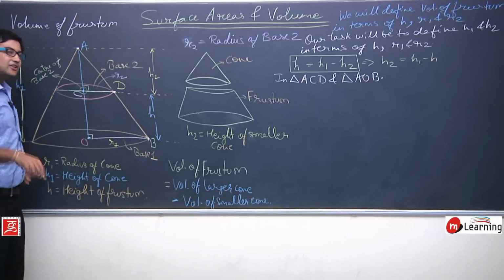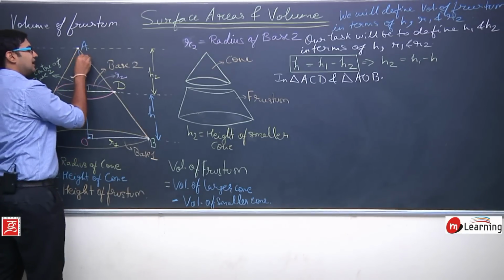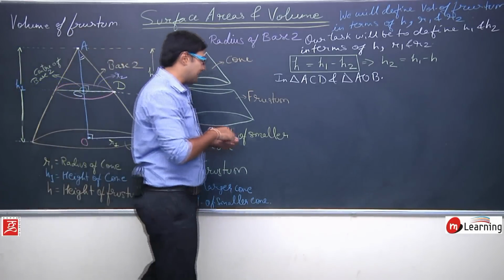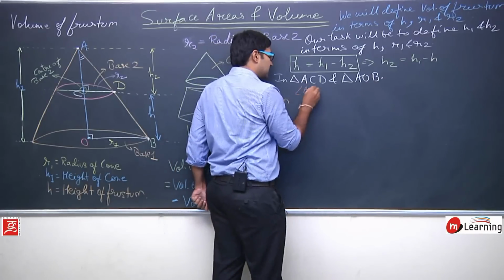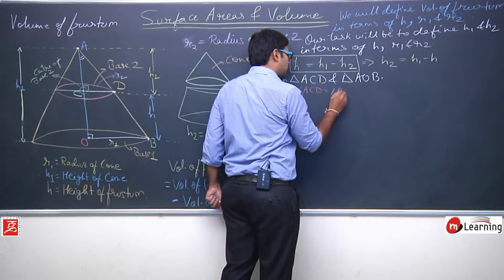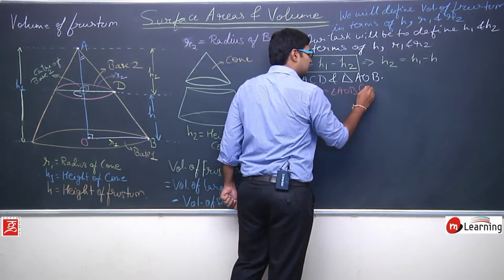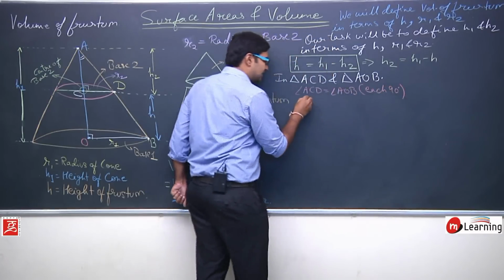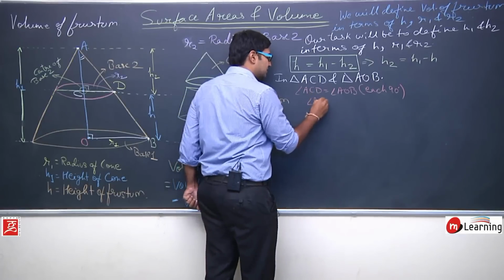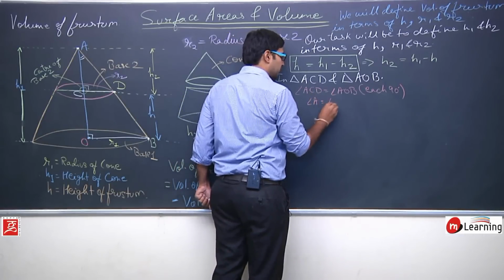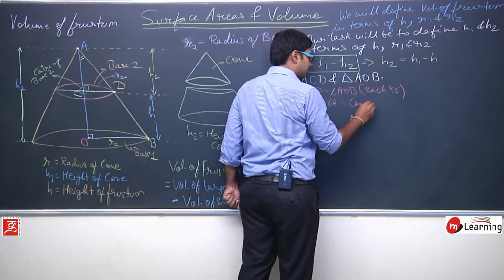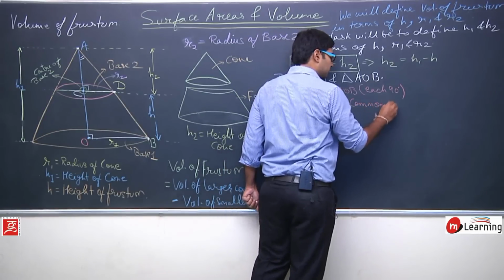Also, angle A is common in both the triangles. So angle ACD is equal to angle AOB, each 90 degrees, and the second thing is angle A equals angle A, which is the common angle.